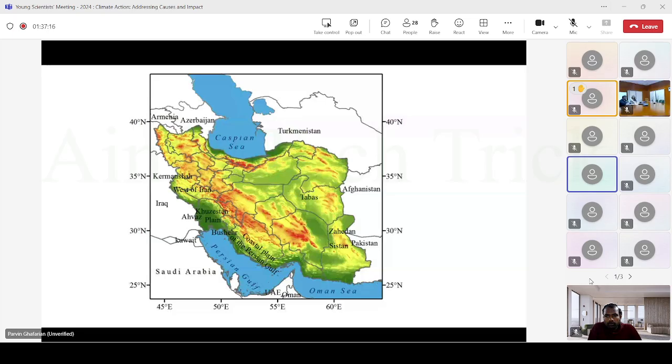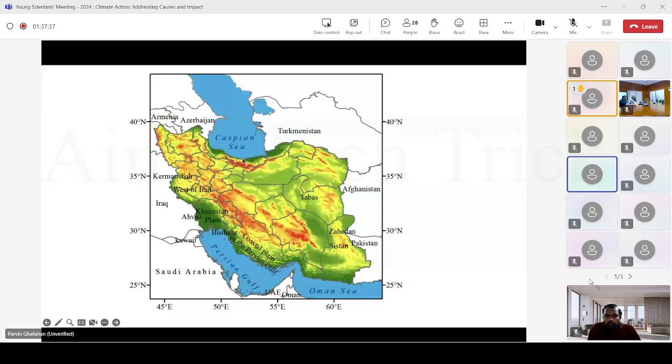It has very complex topography. Some areas are desert, for example, in this part of Iran, while others are covered with dense forests, for example, in the north of Iran. And some parts are arid and semi-arid.